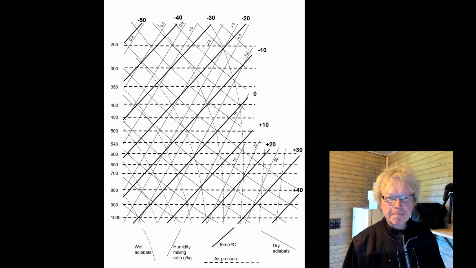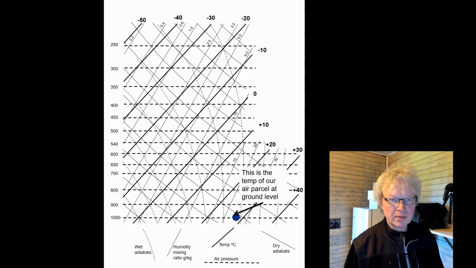Let's keep going. Let's now have a look at what can happen in reality. Now, here we have a point on the Earth's surface at 1,000 hectopascals, or at sea level. Now, we're going to call that the temperature of our air parcel at ground level.